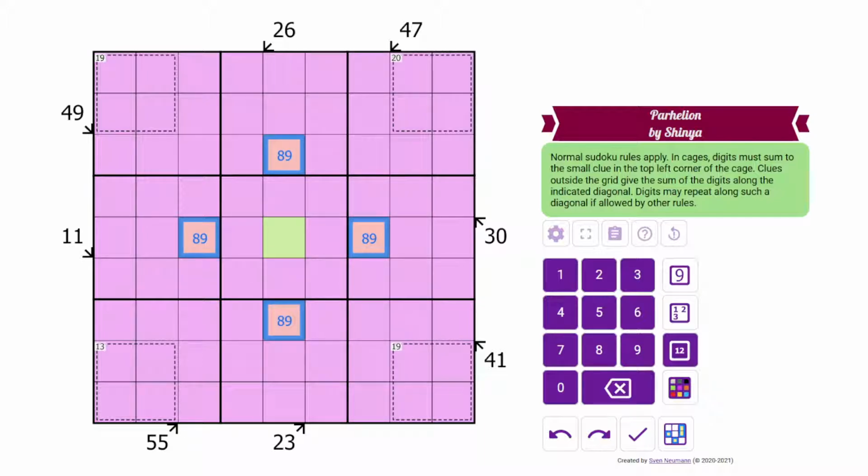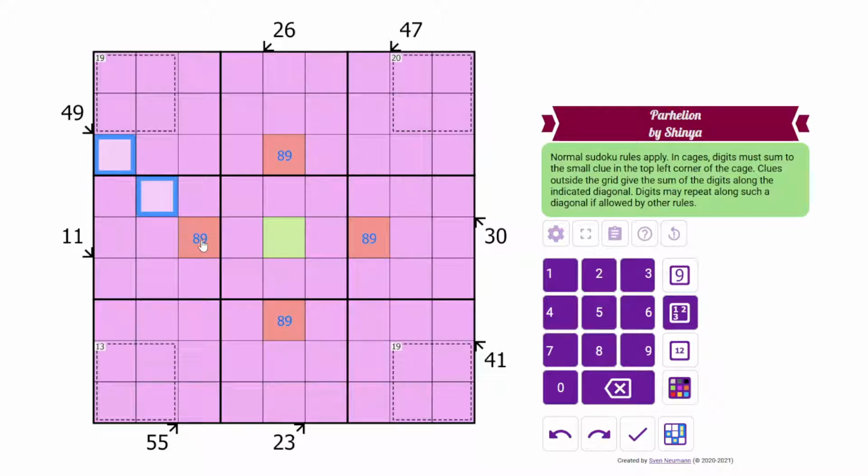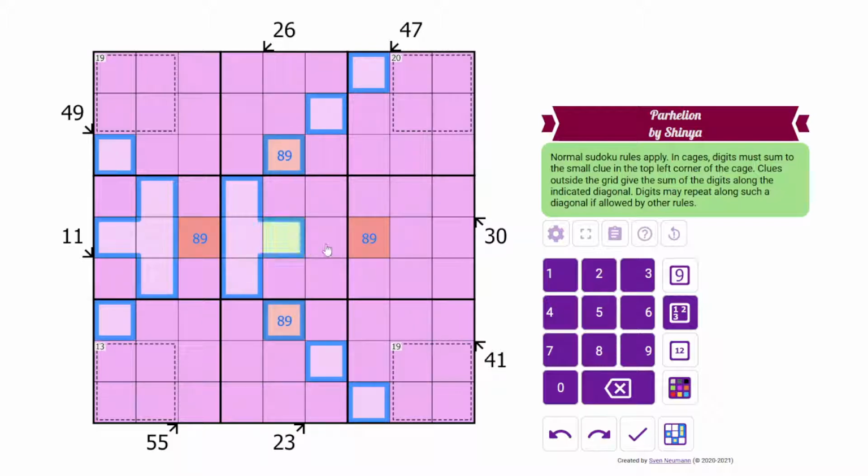So we've got 8 plus 9 plus 8 plus 9. So if these are all 8, 9 pairs, they add to 34. And I've counted them once, twice, 3 times, 4 times.